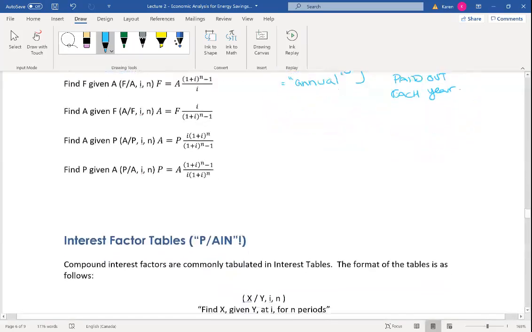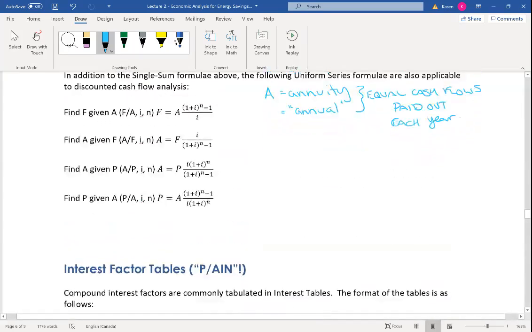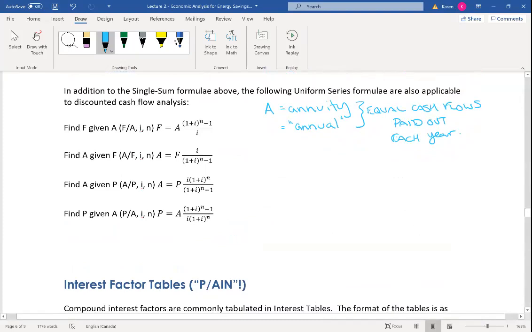example problems. So now that we know all of our definitions, we can see that there are more formulas. We can find the future value given the annual payments or the annual savings. We can find the annual savings given the future value.